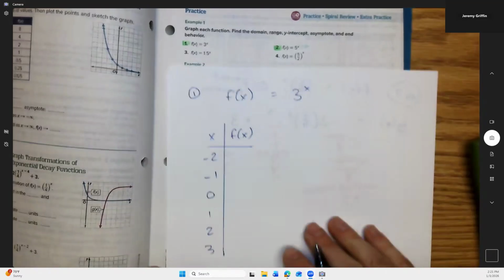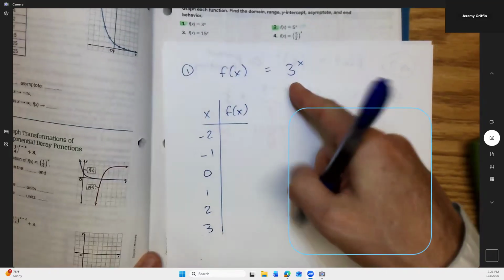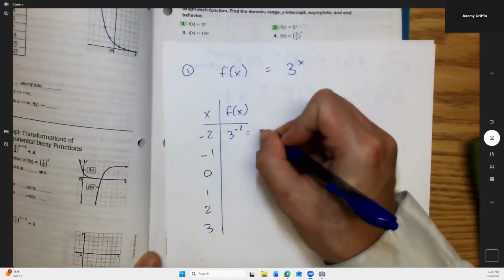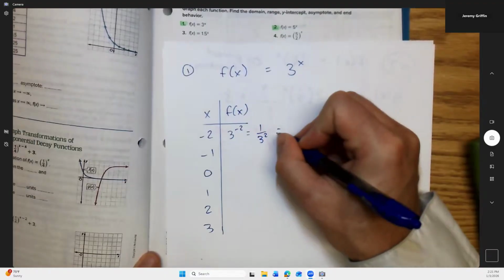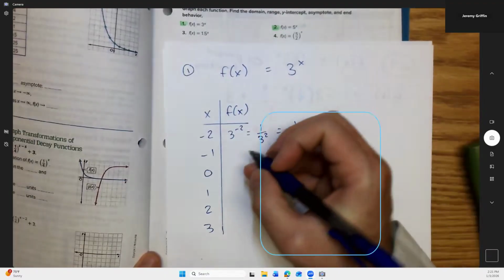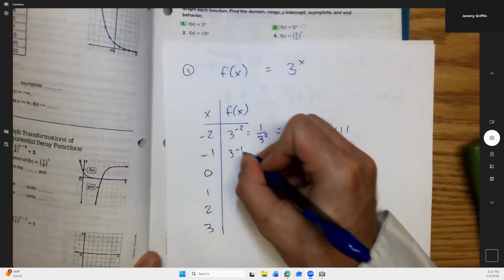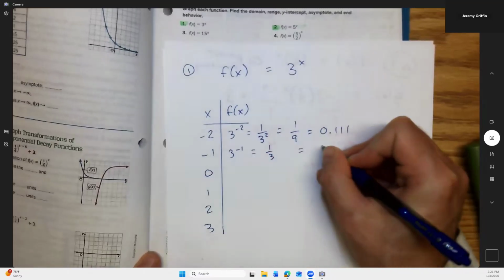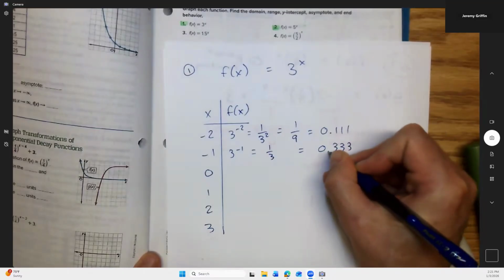F of -2 is 3 to the -2, which is 1 over 3 squared, that's 1 over 9, or 0.111. For -1, that's 3 to the -1, which is 1 over 3, or 0.333.